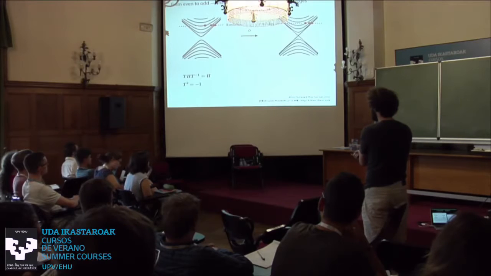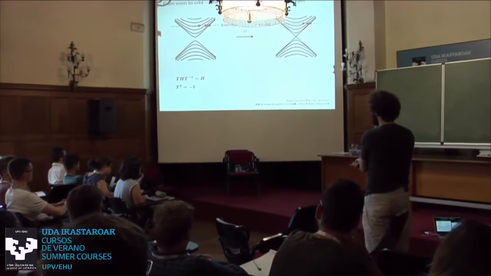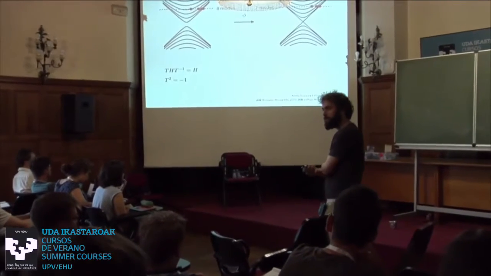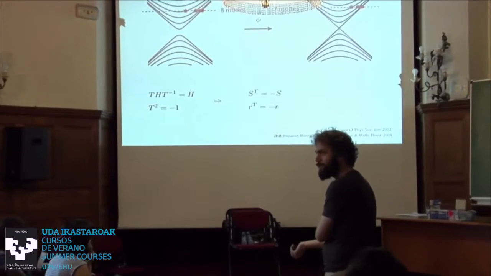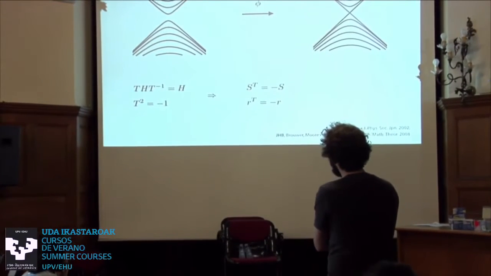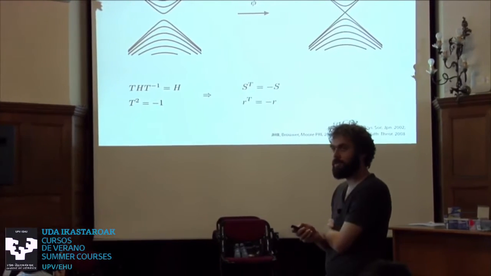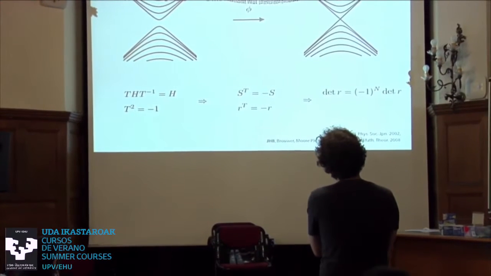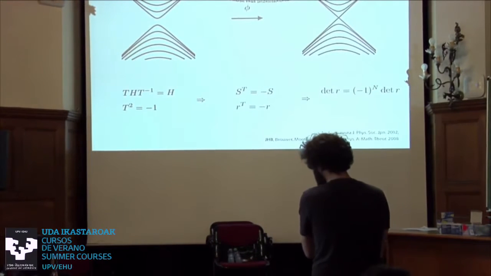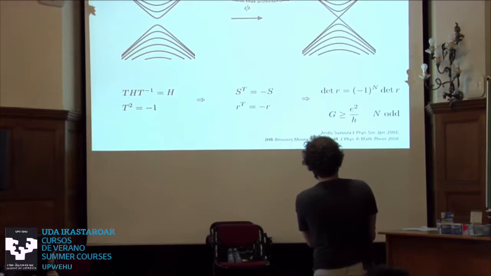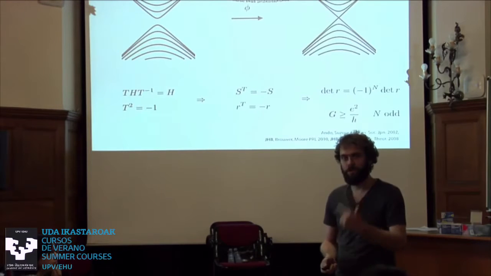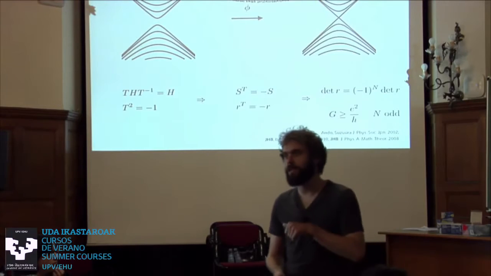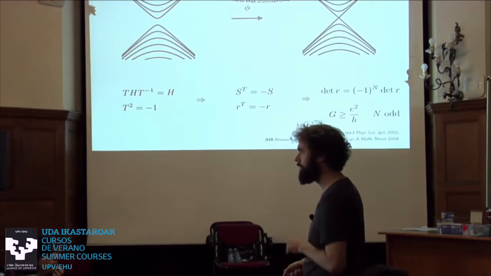Remember, if we have, which we do in both cases, a Hamiltonian which is time reversal symmetric with a time reversal symmetry that squares to -1, then the scattering matrix is antisymmetric, which means that the reflection matrix is antisymmetric, which means that if I have an odd number of modes, the determinant of R is 0. If the determinant of R is 0, there is at least one eigenvalue of R which is 0, which means that there is at least one eigenvalue of the transmission matrix which is 1.